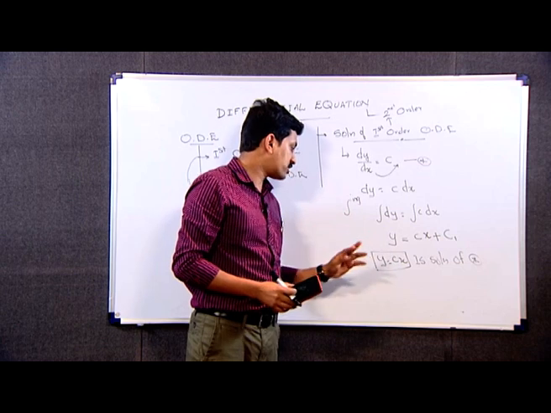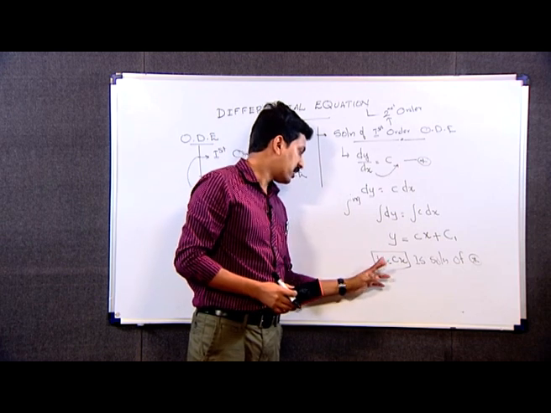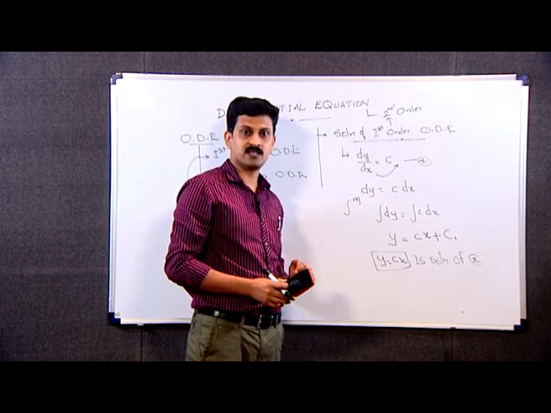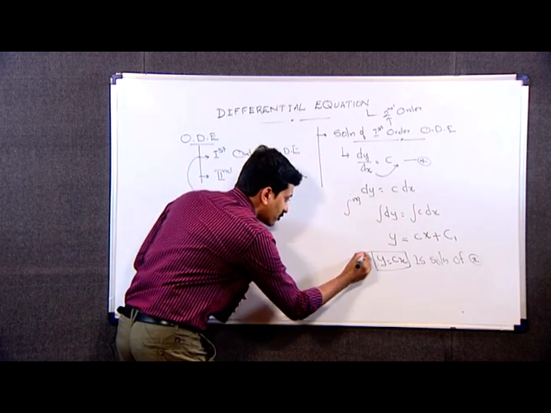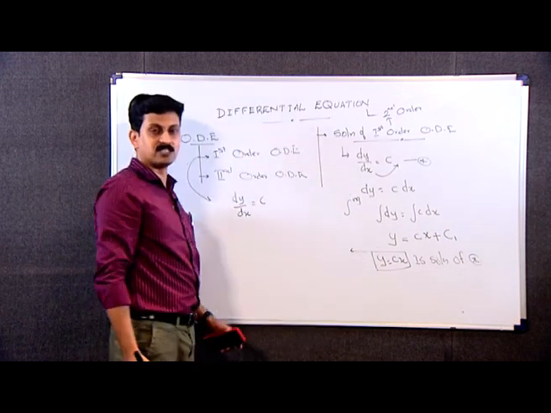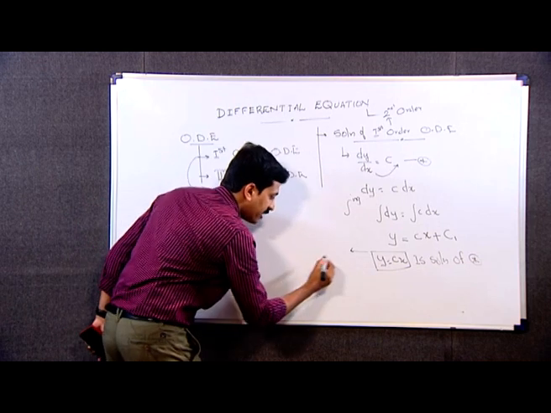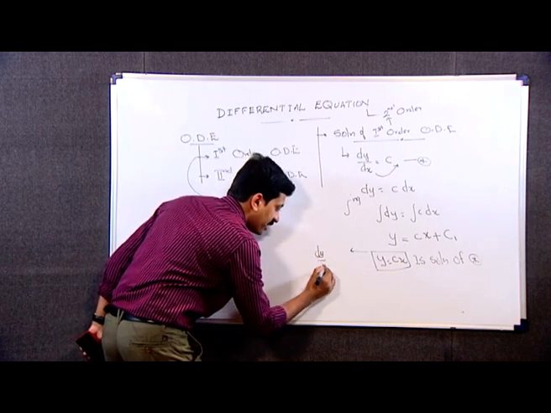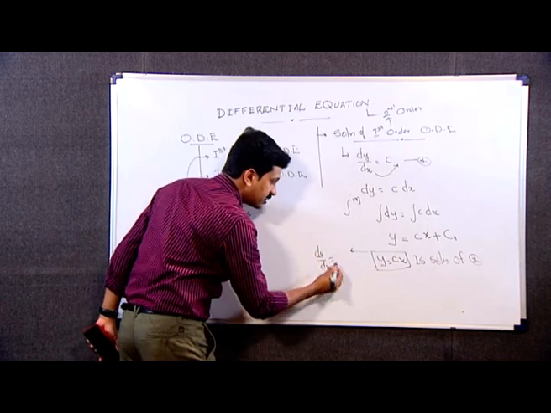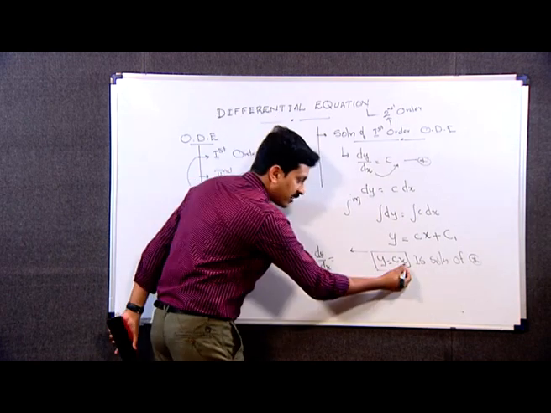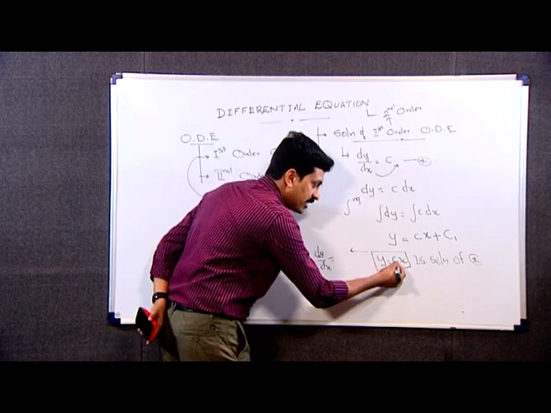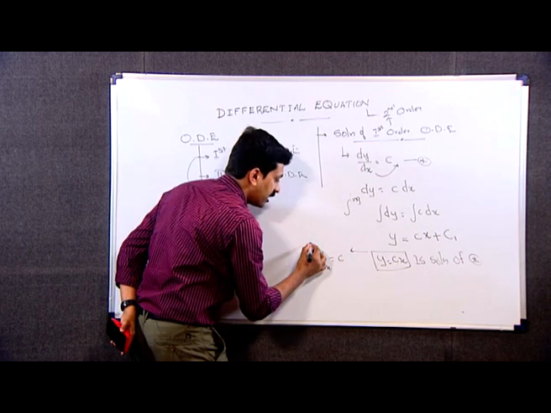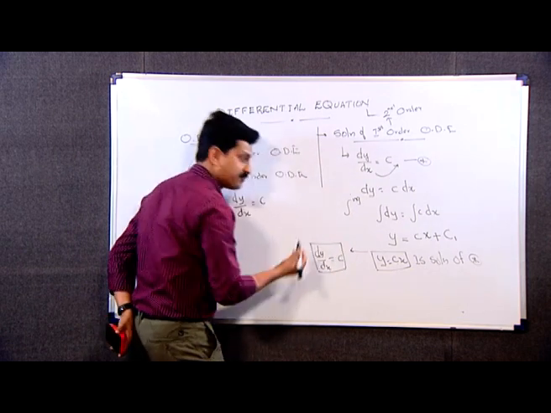Our solution is y is equal to cx. Let me differentiate this solution. The derivative of y is dy by dx, and the derivative of cx, since the derivative of x is 1 and c is a constant, gives dy by dx equal to c.